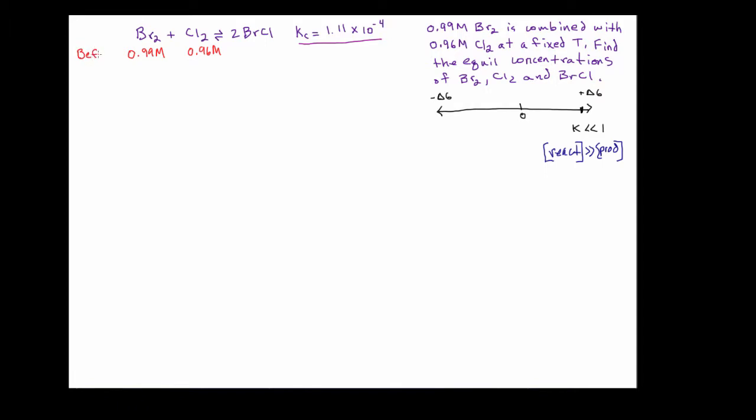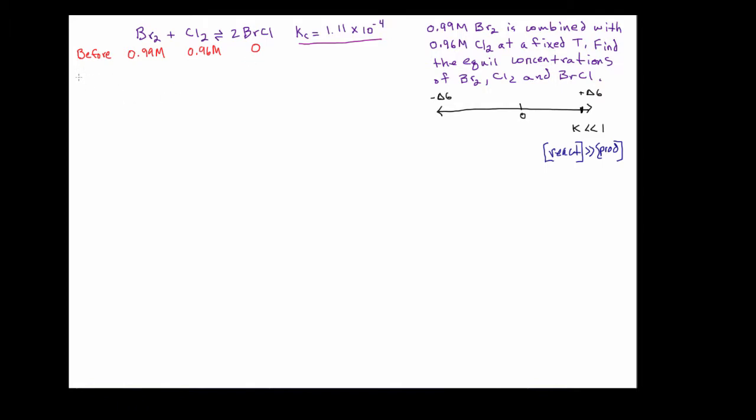When I set up my ICE, I use the word before to indicate what the condition of the reactants and the products are before the reaction reaches equilibrium. So we're initiating this reaction with 0.99 molar Br2 and 0.96 molar Cl2, and there is no BrCl, so I'm going to insert a 0 in my box.